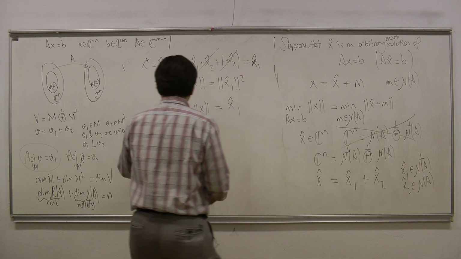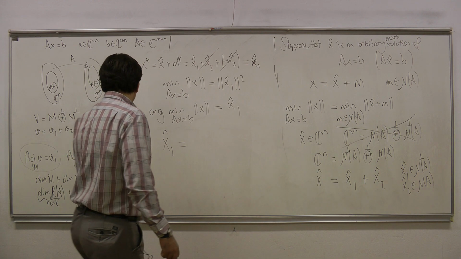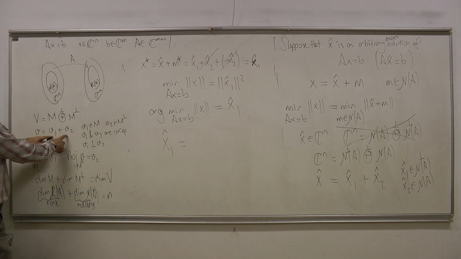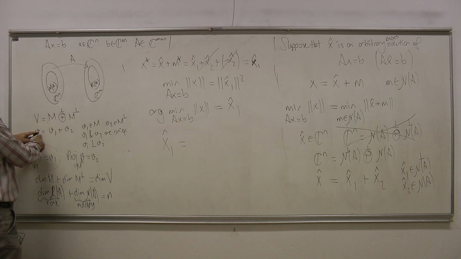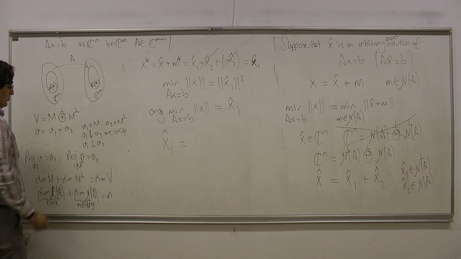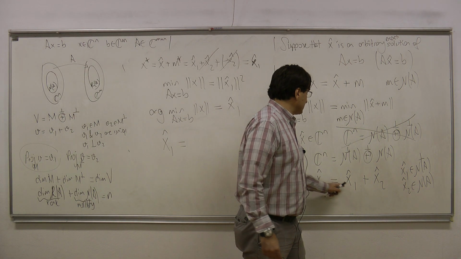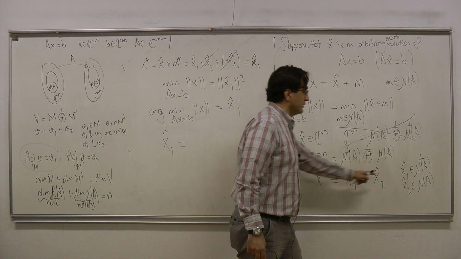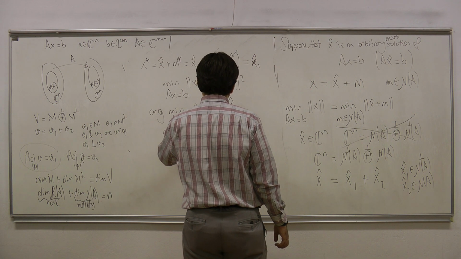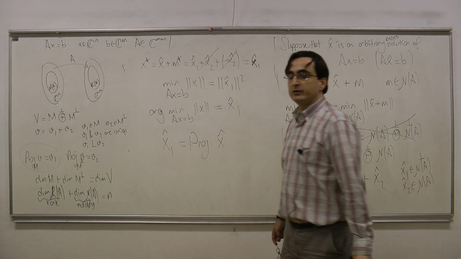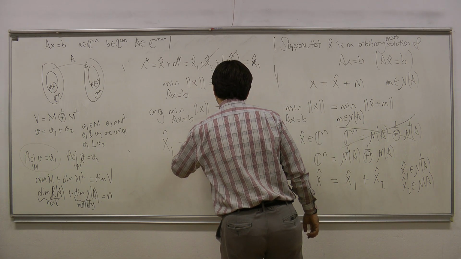Remember, when I have such a decomposition, these vectors are nothing but the projections onto M and onto M orthogonal complement. So here x1 hat is nothing but the projection of an arbitrary solution onto the orthogonal complement of the null space of A.